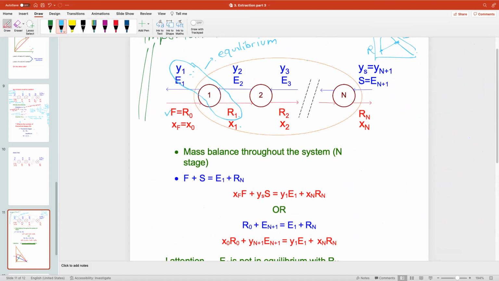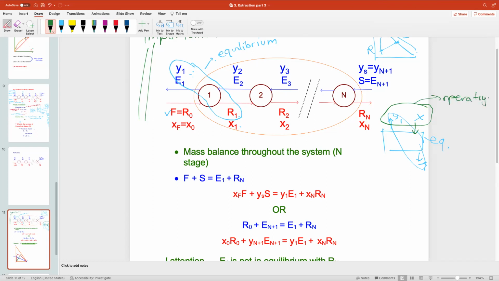Now, in the distillation, if we have, for example, this is Y1 and X1, this tells you about equilibrium. What is the correlation between Y and X in the horizontal one? The X that is going into the stage and also the Y leaving the stage. What is this correlation? Operating line, yeah.